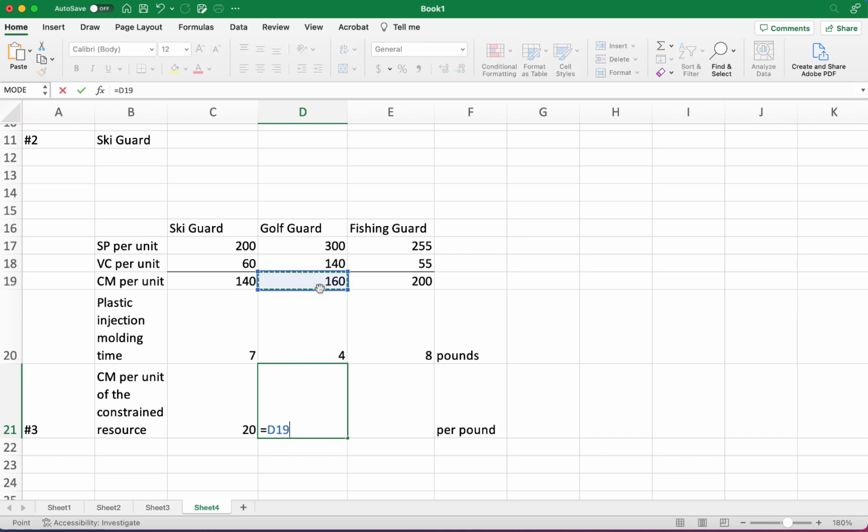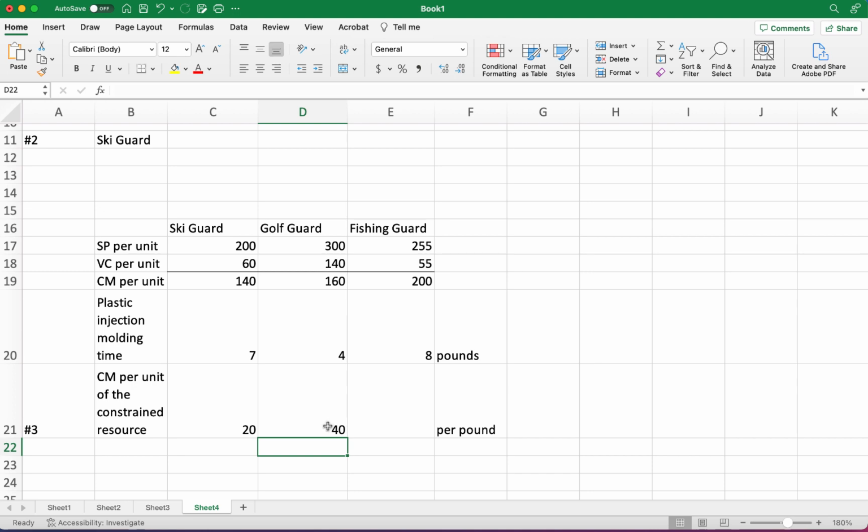We're going to do the same thing. Take the contribution margin for the golf guard and divide it by the pounds of plastic that it takes us to make a golf guard. It takes us 4 pounds of plastic. We see that we get a contribution margin per unit of the constrained resource of $40, okay?